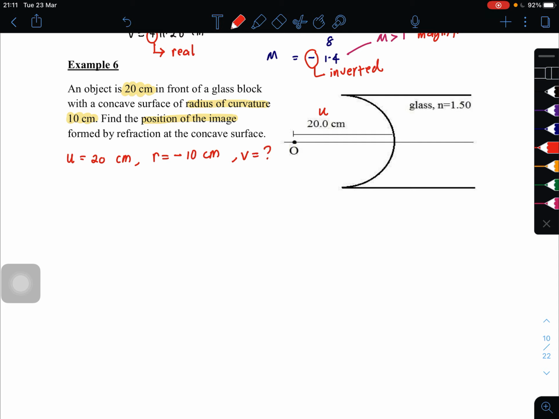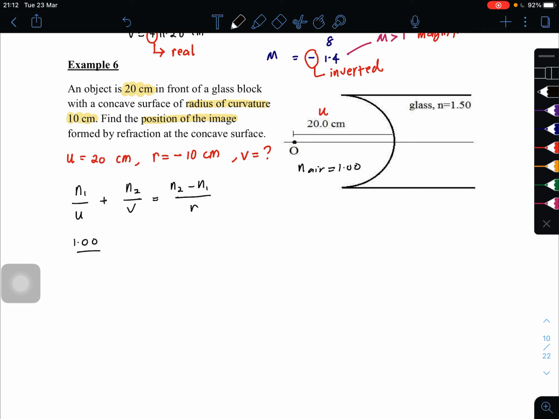So again, we still use the same formula, n1 over u plus n2 over v equal to n2 minus n1 divided by the radius. So just masukkan n1 tu dekat sini kan. This one here will be the air, which is n for air will be always equal to 1.